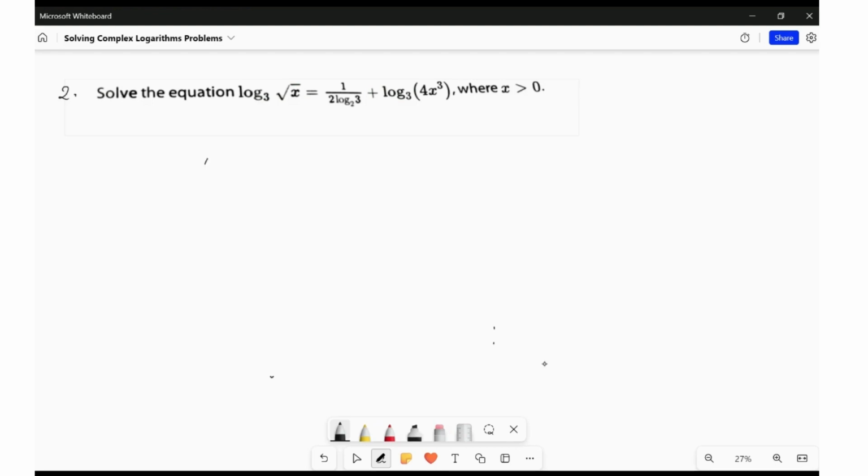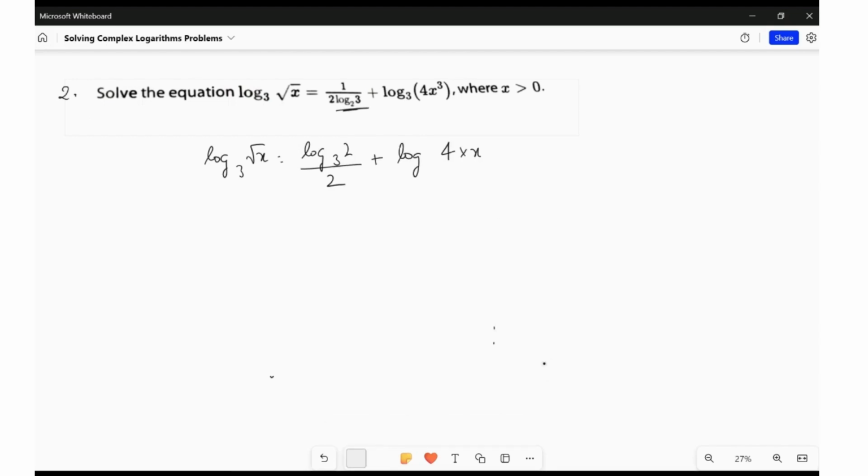We can make the base 3 by using one property which I told in the previous question. So log root x base 3 is equal to log 2 base 3. I can write this as log 2 base 3 by 2, plus log 4 into x cube base 3.